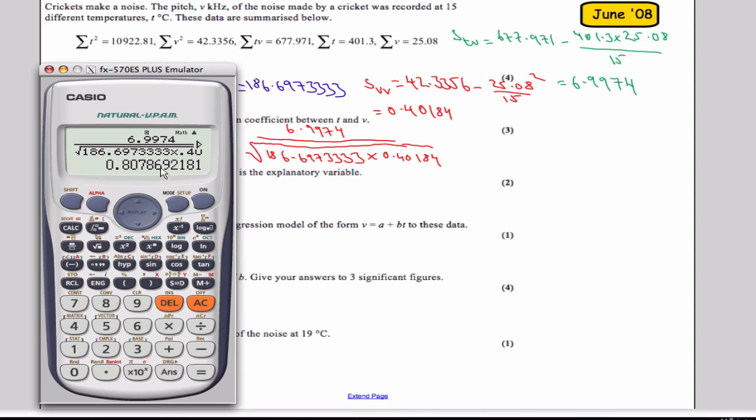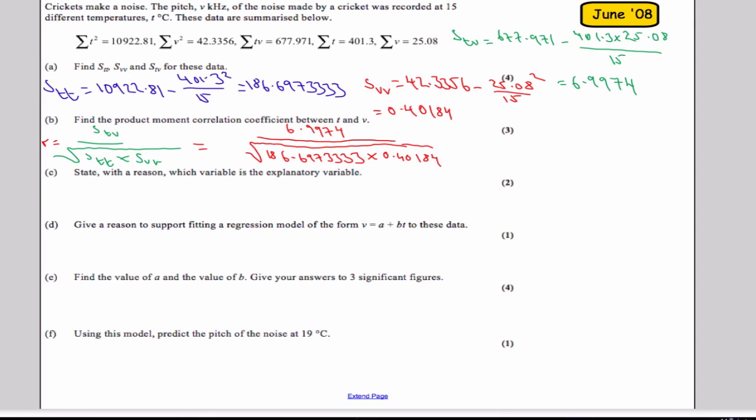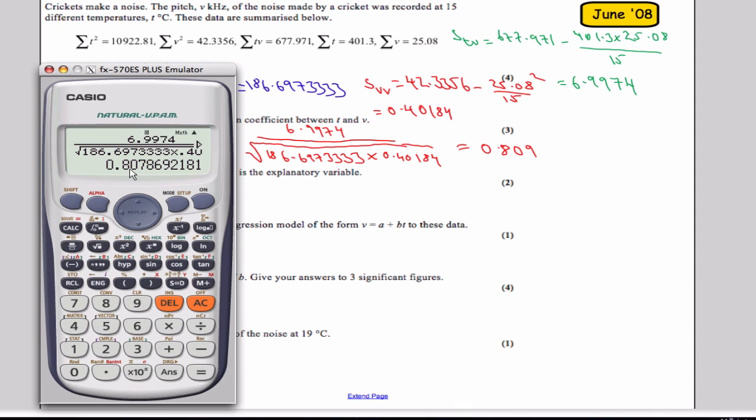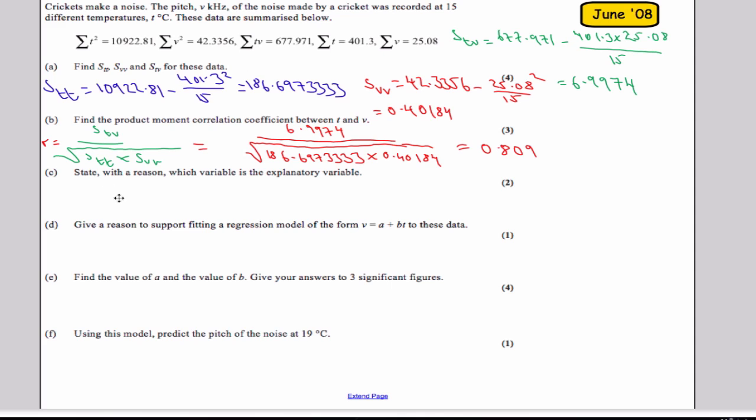I'm happy enough now to round this to 3 significant figures, so let's go with 0.809, or sorry, 0.808. And you'd be hard pressed to find a more accurate answer than that, other than putting this in here. Okay, state with a reason which variable is the explanatory variable.